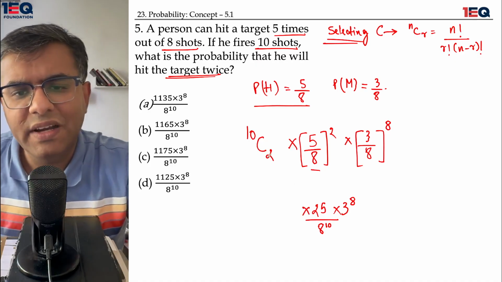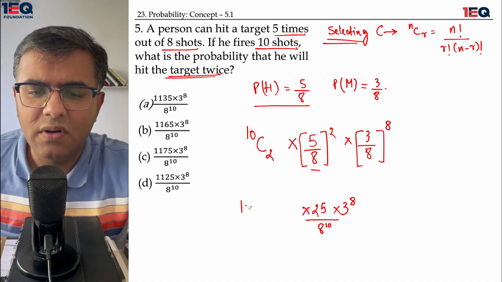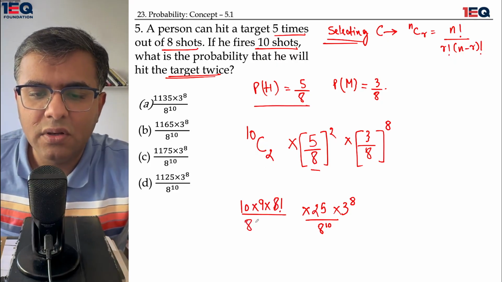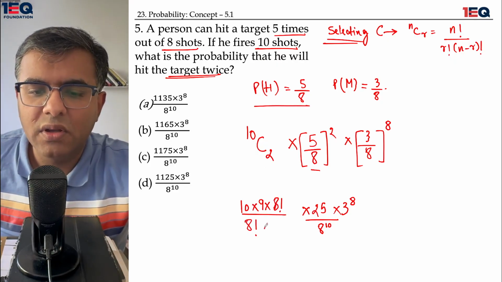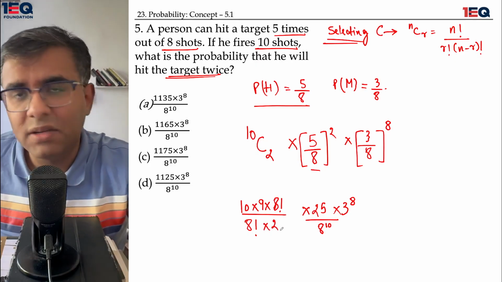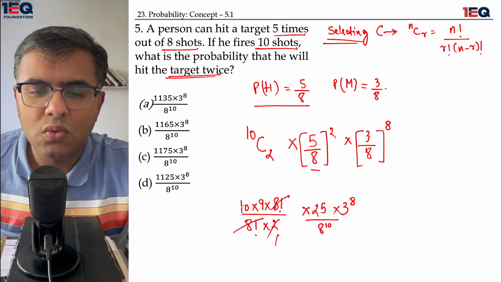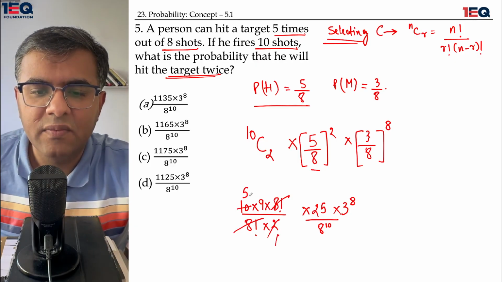What about solving 10C2? 10C2 can be solved as 10 into 9 into 8 factorial, upon 2 factorial multiplied by 10 minus 2 factorial, which is nothing but 8 factorial. 2 factorial is nothing but 2 into 1. The 8 factorial gets cancelled. 2 ones are 2, 2 fives are 10, right?